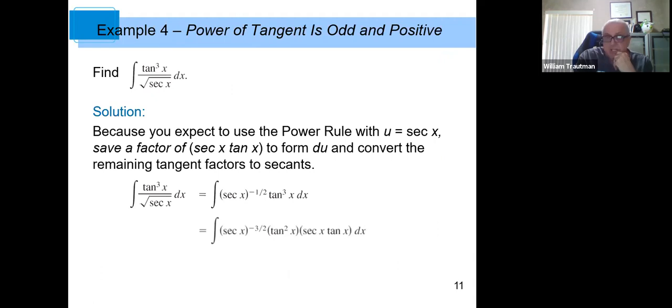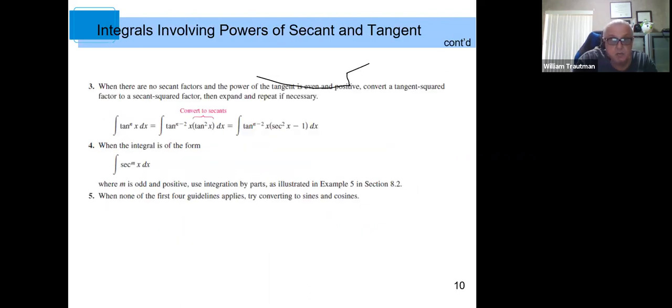So do you see how the guidelines are really important to have in front of you and to use? It helps you get through the integration. It's tough to realize at the very beginning that if your tangent is odd, you have to take a secant tangent out, so you want to do that right away. That was part of the guideline.